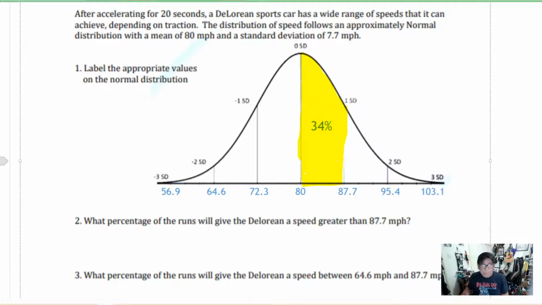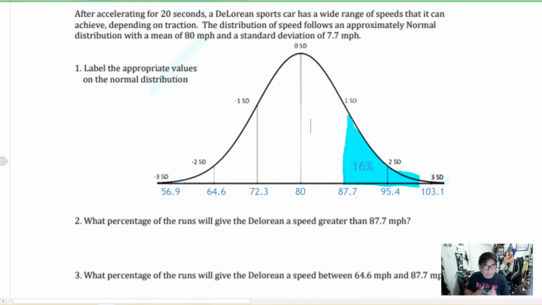And if everything above the mean of 80 is 50%, then anything in that blue area has to be 16%. So the area of the blue area is 16% because 34% and 16% add up to 50%.